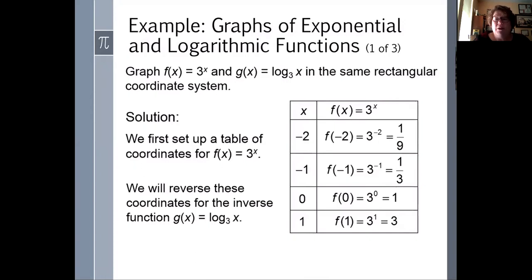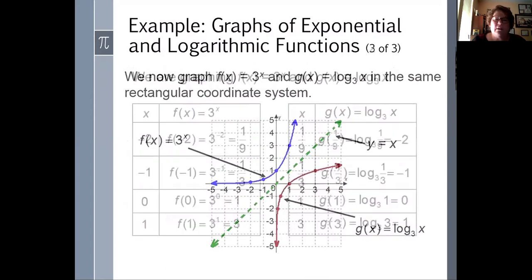If we pick the value for x of -2 and we evaluate the exponential function at -2, 3 to the -2 is 1/9. At -1, 3 to the -1 is 1/3. At x equals 0, 3 to the 0 power is 1. And at the first power, 3 to the first power is 3.